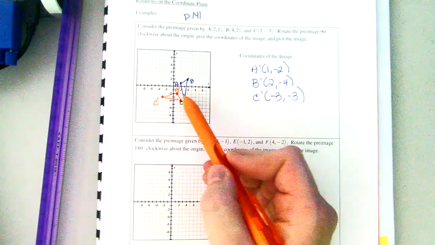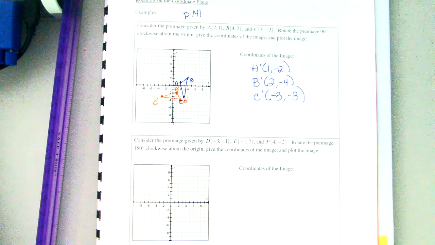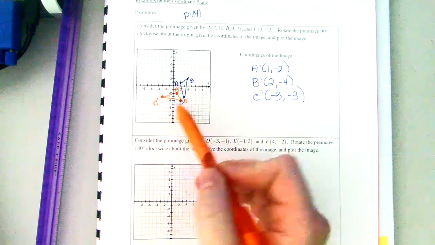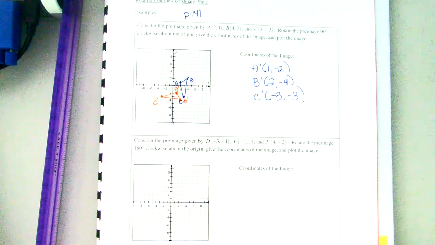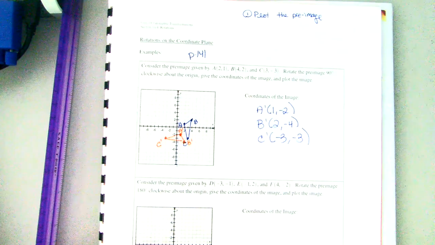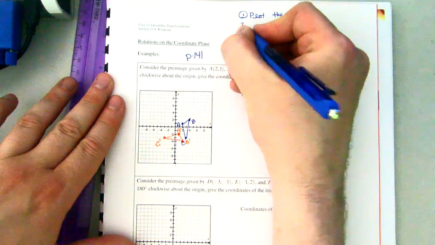The triangle should look the same, just spun, and actually should look exactly like what it looked like once I had my paper turned. But now this triangle's been spun 90 degrees clockwise about the origin. I feel like I need to write some more steps here. Step 1 is plot the pre-image.